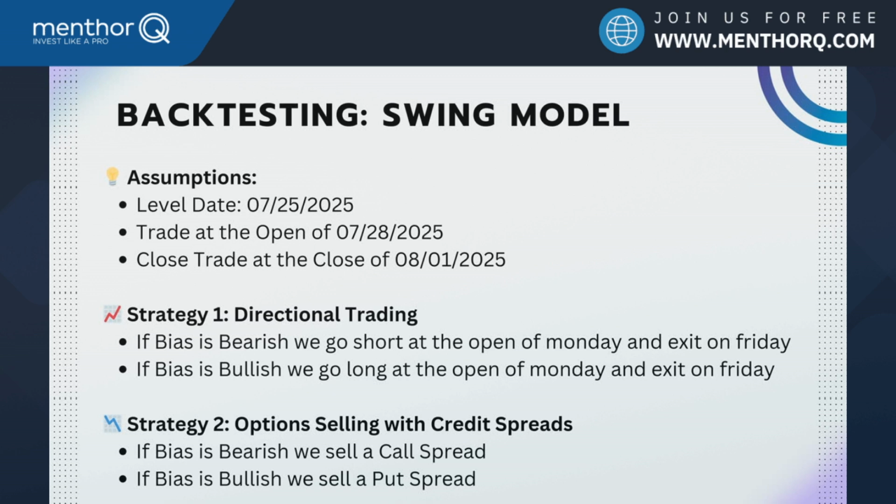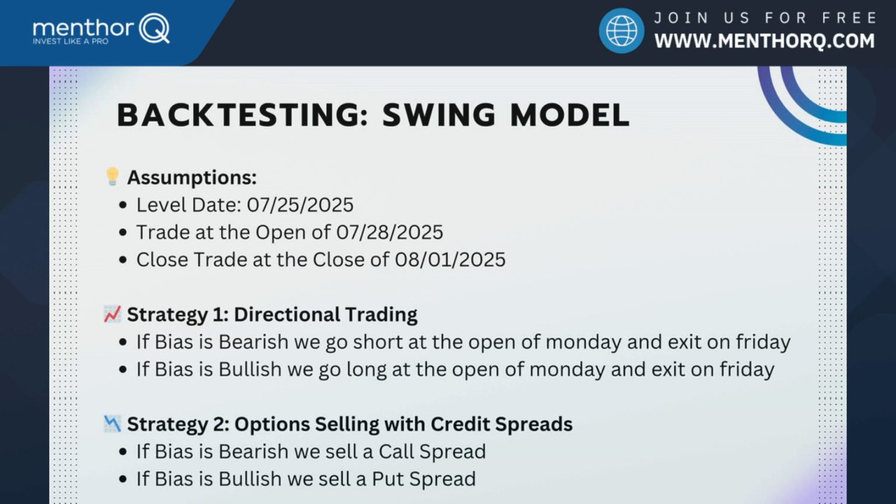And basically, just using this alone, it can give you a high probability roadmap for where the price is likely to move, right? But again, we're going to look at how we can add some other models and how we can actually tilt our strategies based on the models that MenthorQ provide.